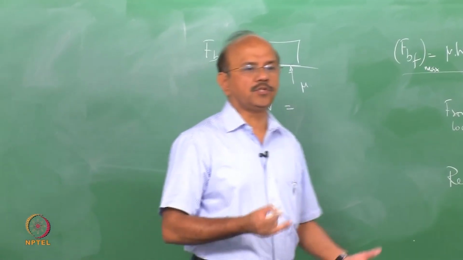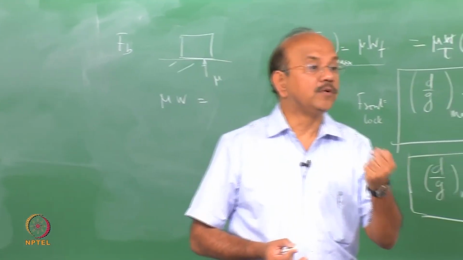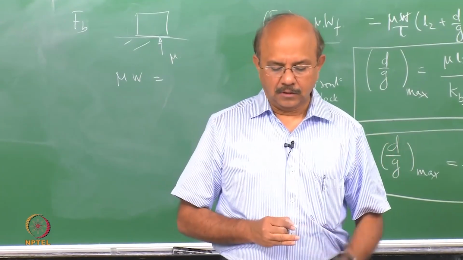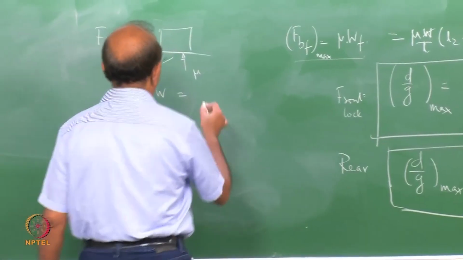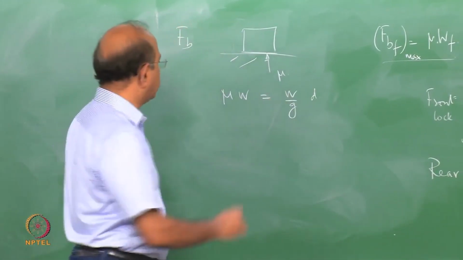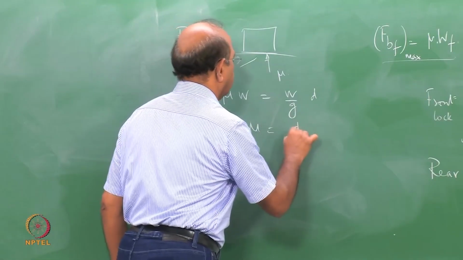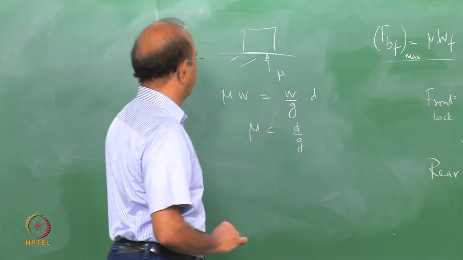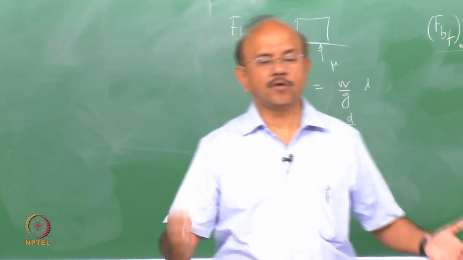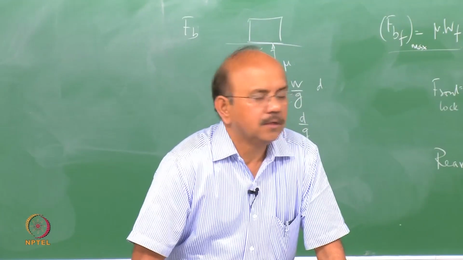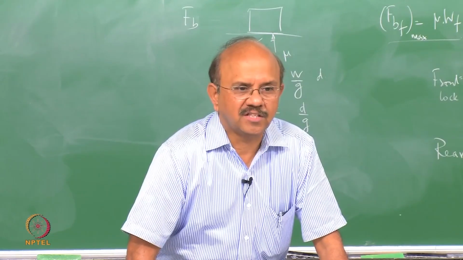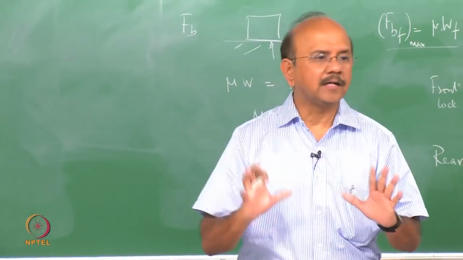This is the force that can be withstood by the tires in total. In the ideal condition, this should be equal to W by G into D. In other words, mu is equal to D by G. We always normalize with G. So when D by G is equal to mu, that is the ideal condition which we can achieve.